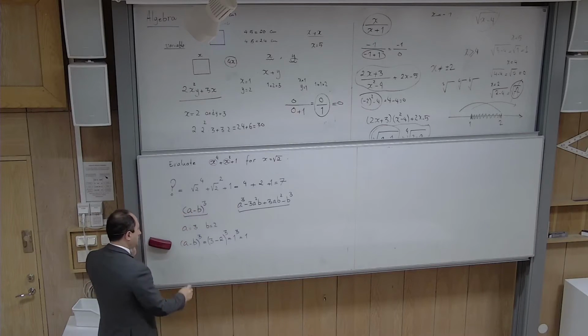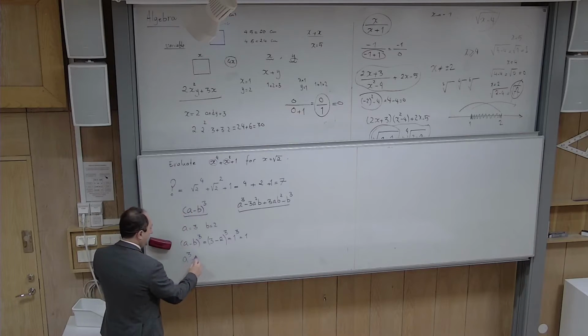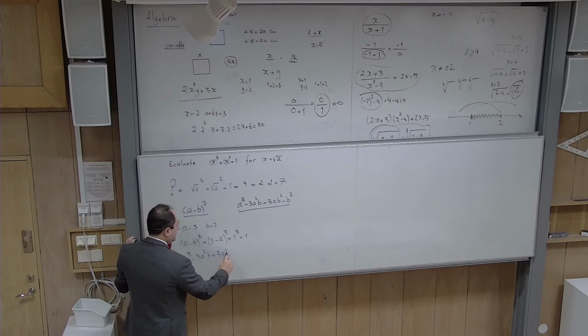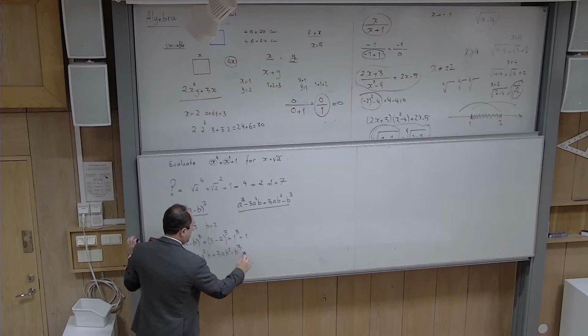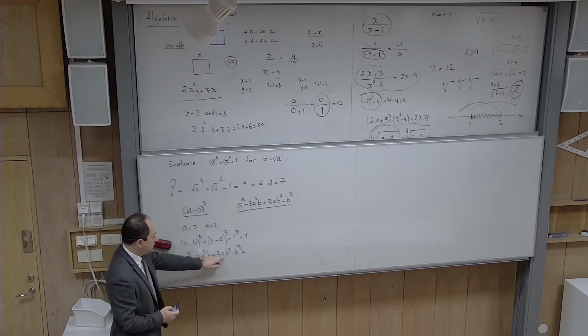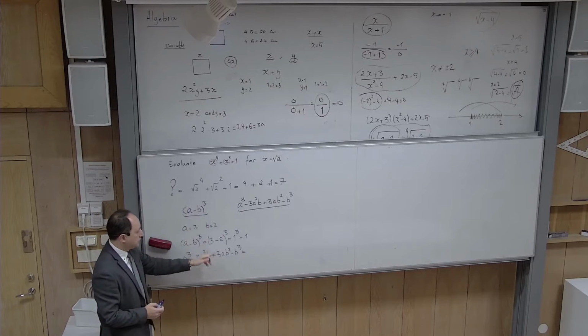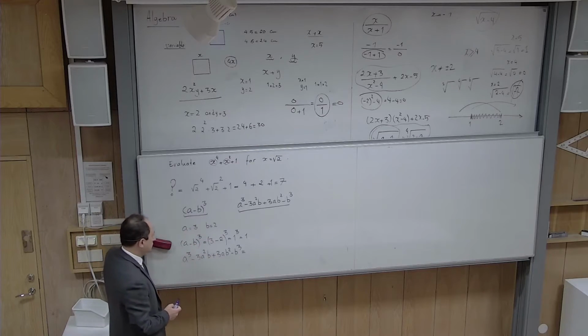And then for the next one, I have a to the 3 minus 3a squared b plus 3ab squared minus b to the power of 3. Every appearance of a should be replaced with 3, and every appearance of b should be substituted with 2.